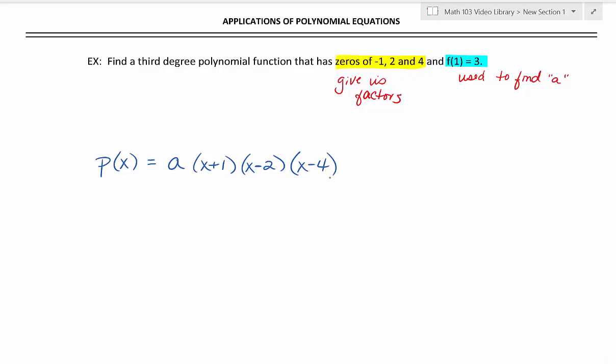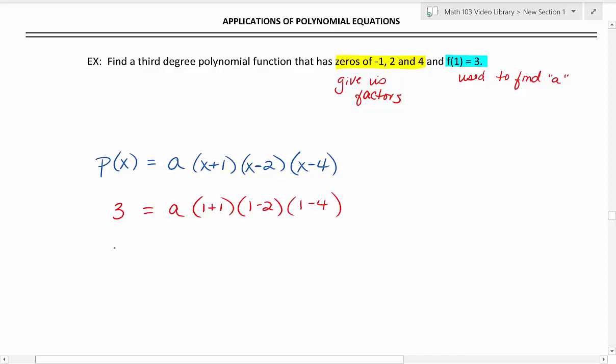Now that we have that, we are going to plug in f of 1 equals 3 to solve for A. So subbing 3 in for y and 1 in for x. This becomes 3 equals A times 2 times negative 1 times negative 3.